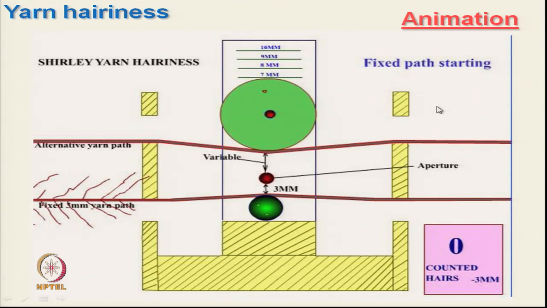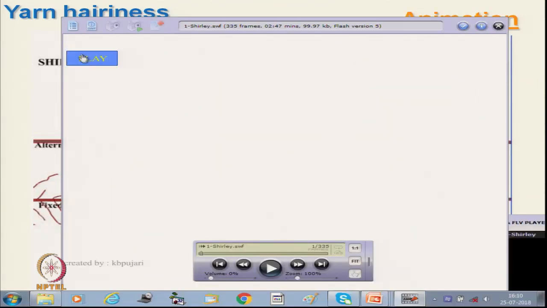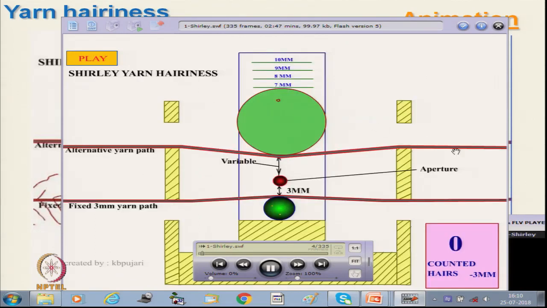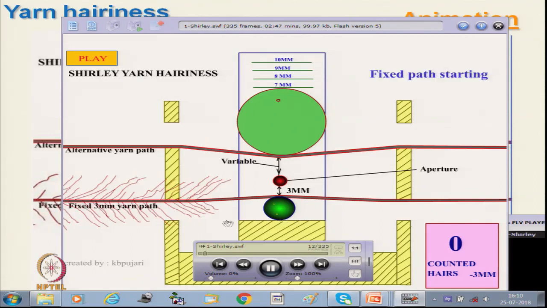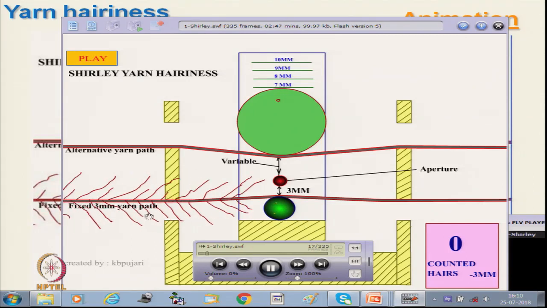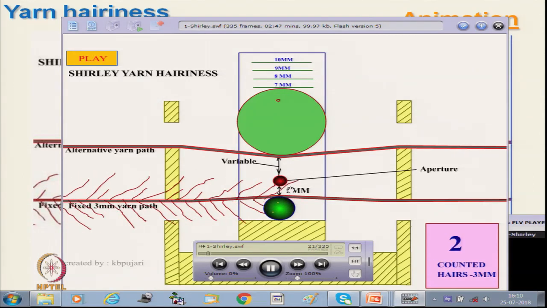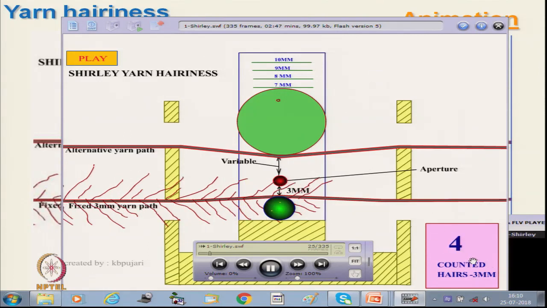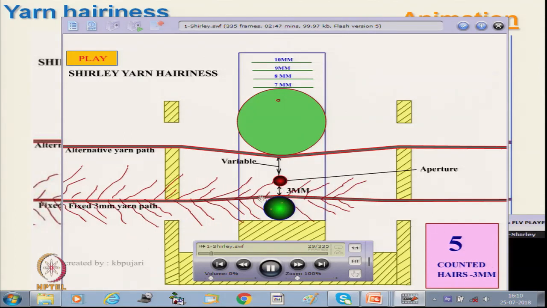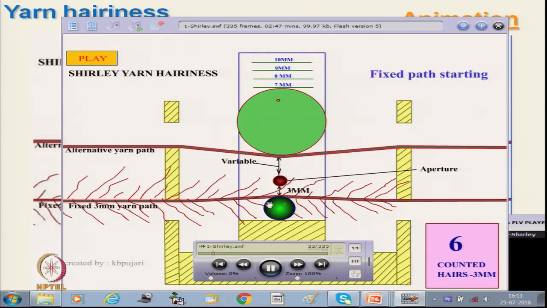Now, let us see the animation here. It is a fixed path, that means the yarn is moving. Now it is 1 obstruction, 2 obstruction, 3, 4, 5, and this one is not obstructing, 5, 6.